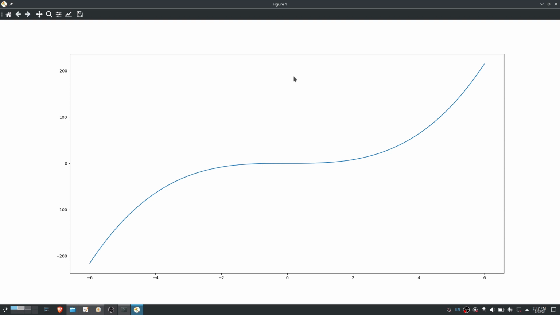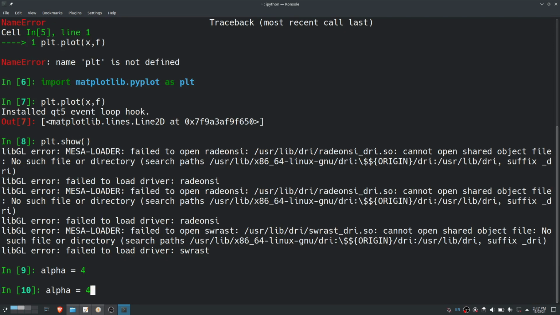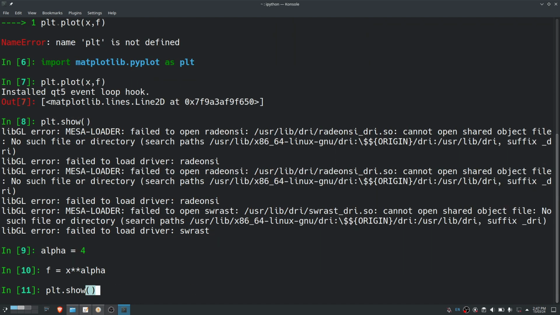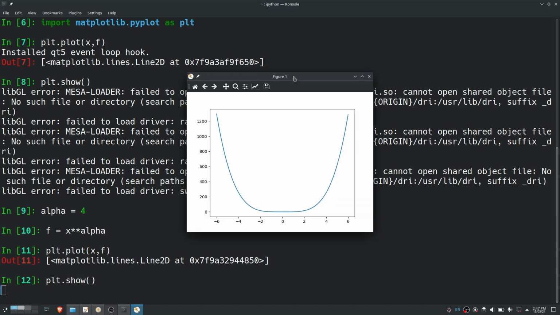Okay, so what do you think happens for x less than 0? Concave, right? What if I take 4? Evaluate. Is it convex?